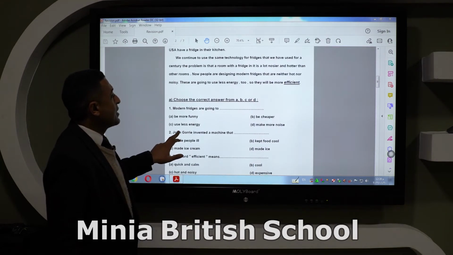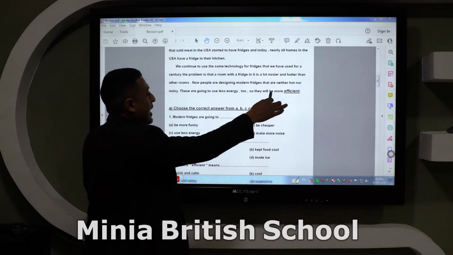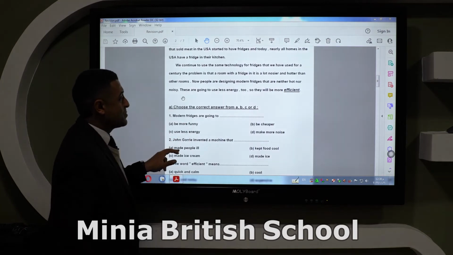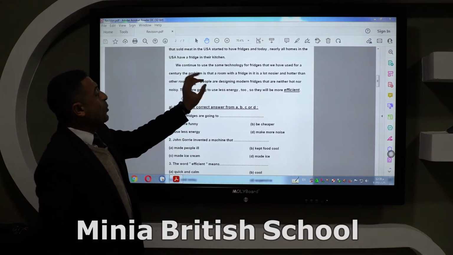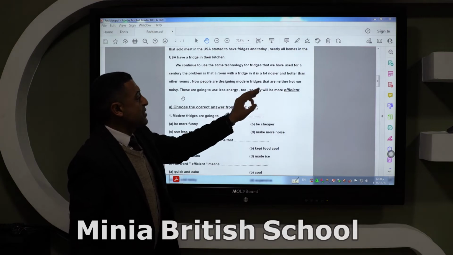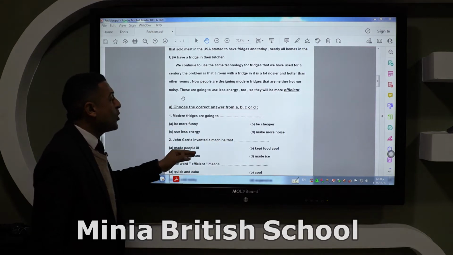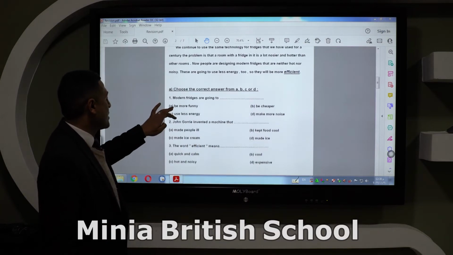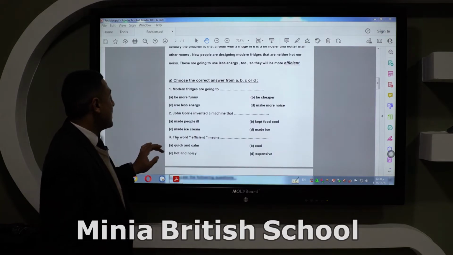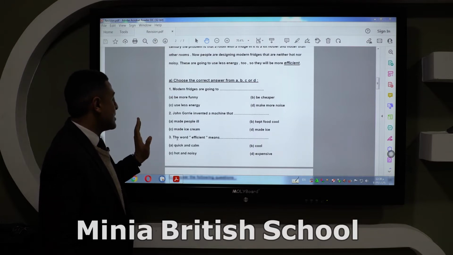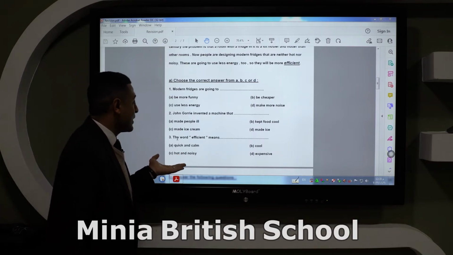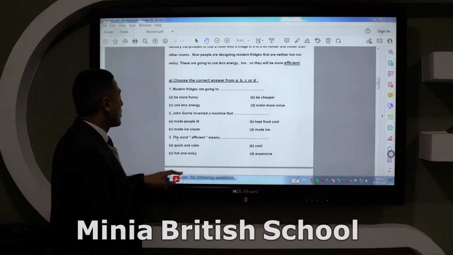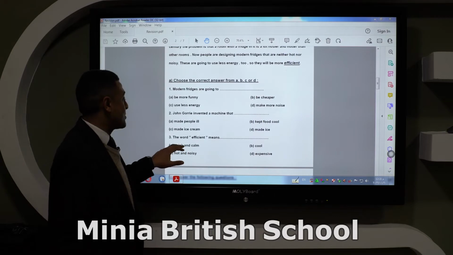If you check the word and go backwards a sentence or two before: now people are designing modern fridges that are neither hot nor noisy. Neither hot nor noisy. So here we can find the word efficient, that it will be quick and calm. Quick and calm. And this is the answer.